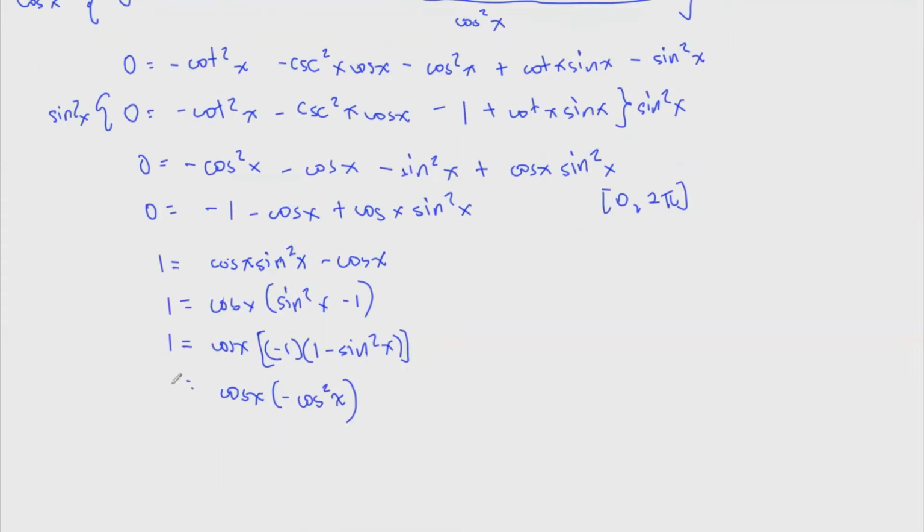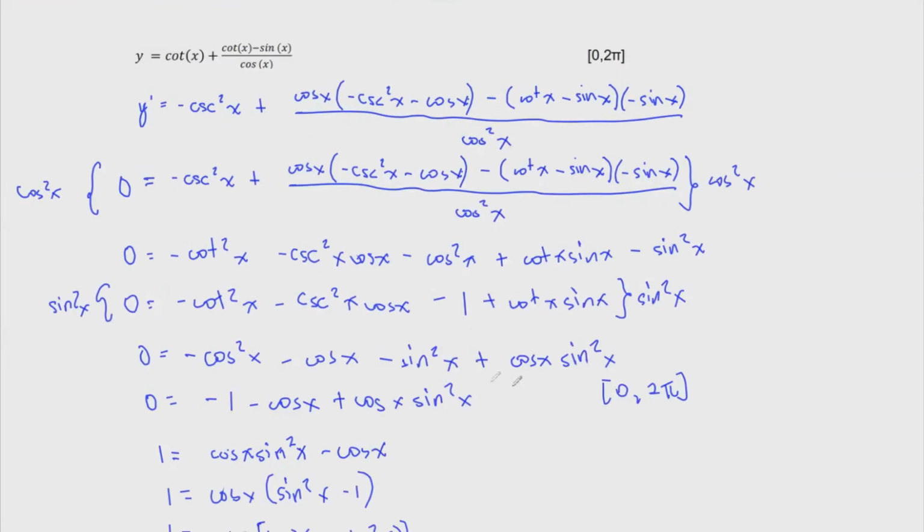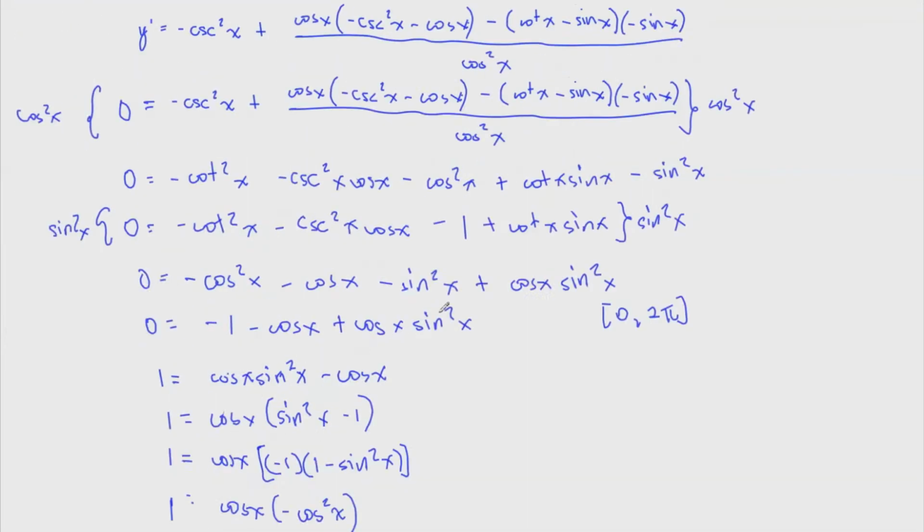And then finally we have 1 is equal to negative of cosine cube x. This makes this equal to cosine cube x equal to negative 1, and then therefore cosine of x is equal to negative 1, and this makes x equal to pi. So that's one of the critical points. X is equal to pi.